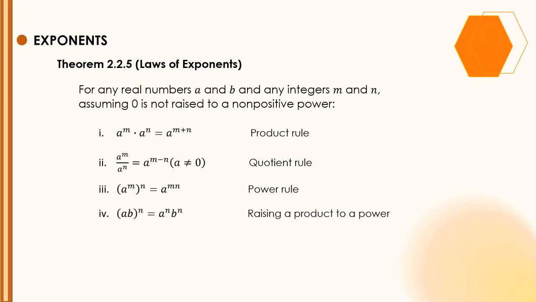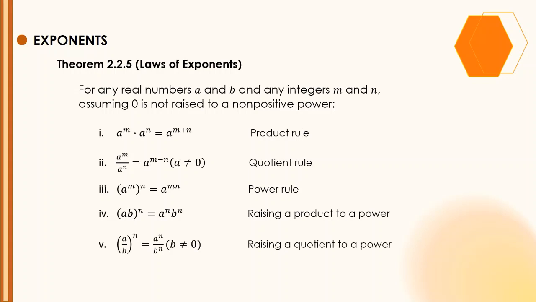The fourth one is ab quantity to the power of n is equal to a to the power of n, b to the power of n. This is raising a product to a power. So here, i-distribute yung exponent sa a and b.